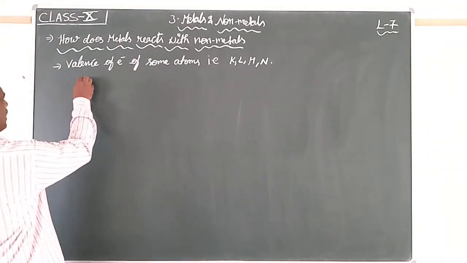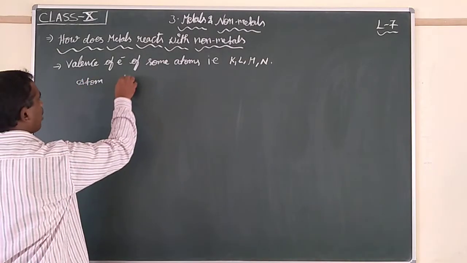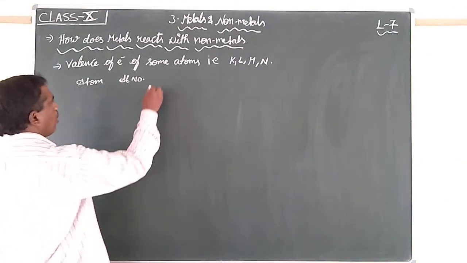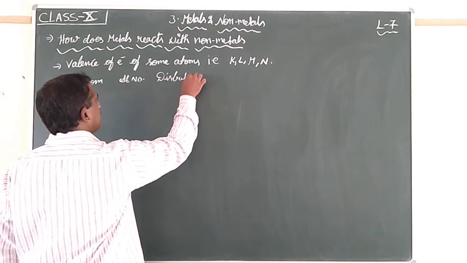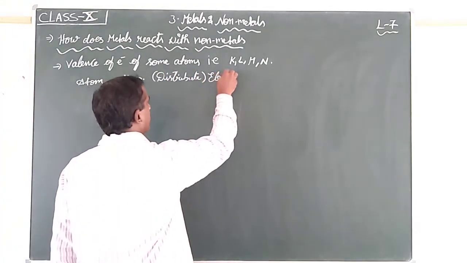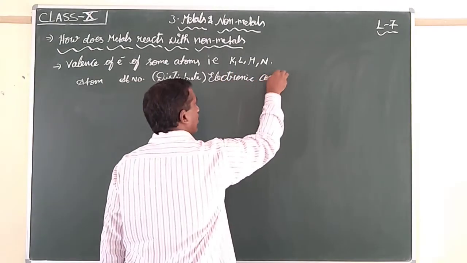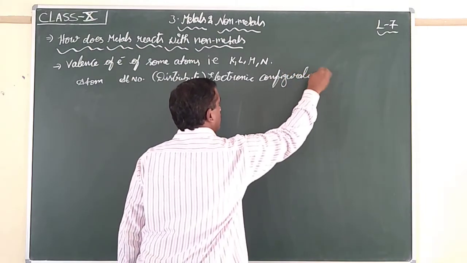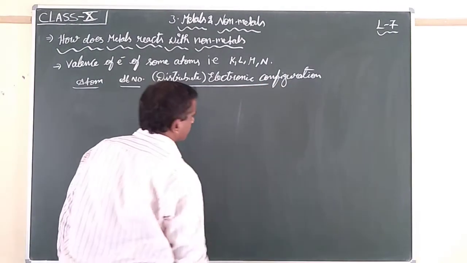Let us take any atom, use its atomic number, and distribute its electrons. That is what we call electronic configuration. This is the basic data we are going to study in the first round.